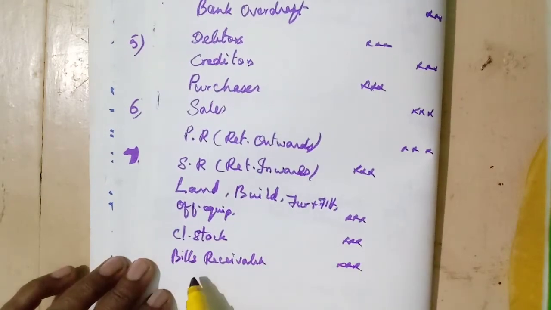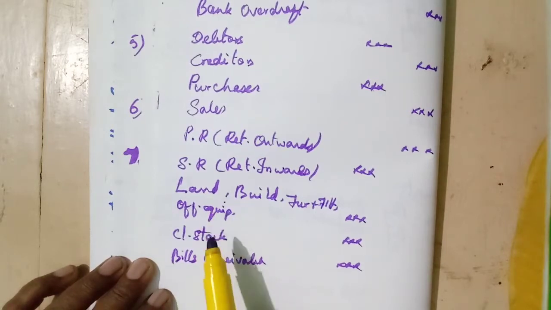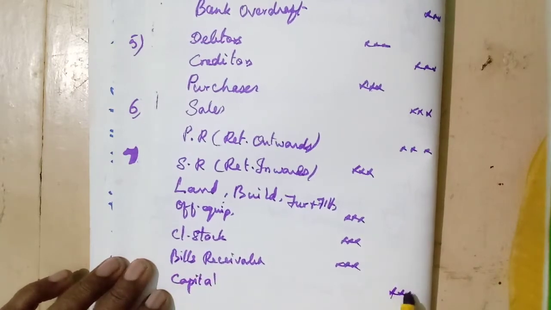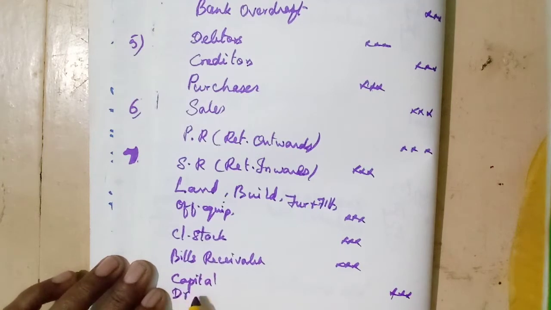Then if all the assets are debit balance, all the liabilities are credit balance. Liabilities, the capital, credit. But drawings, debit. Drawings, debit.